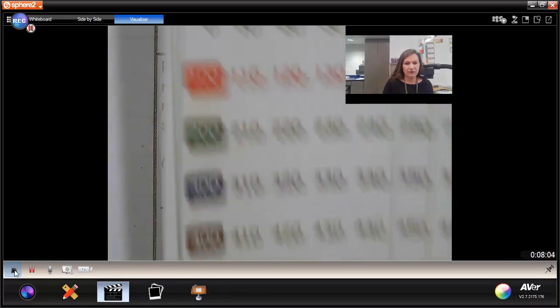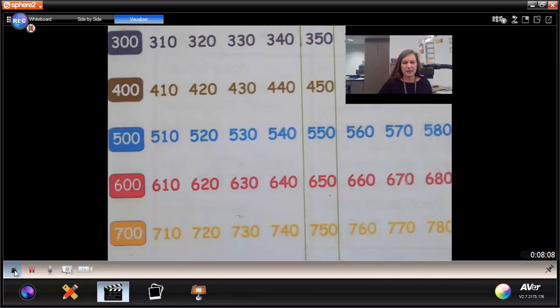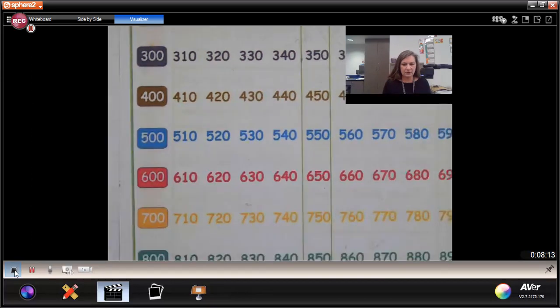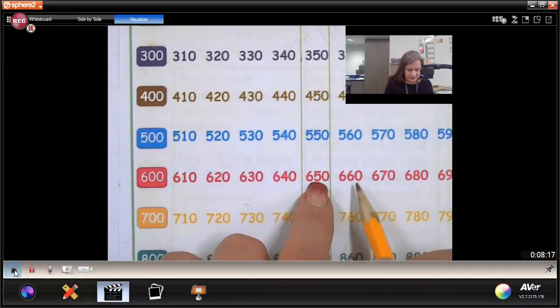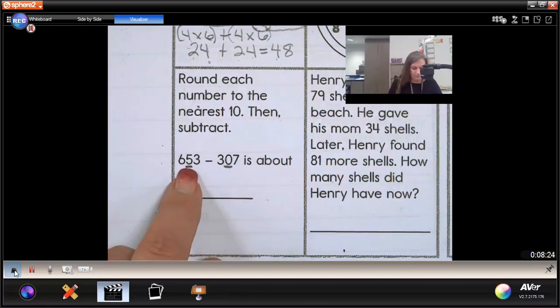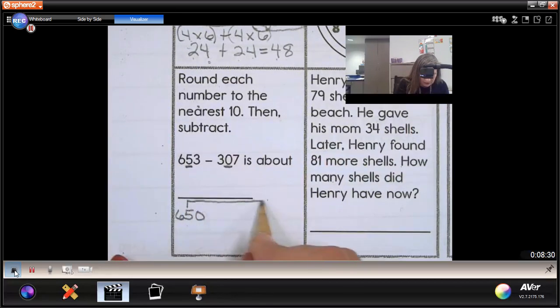So 653, if I look for 650, well, it's going to be between 650, which is already in my tens place, and 660. So if I look at my tens place, there's a 50 here, and that 50 tells me that that's one of the tens that I'm rounding to. And then my next 10, which is 660.